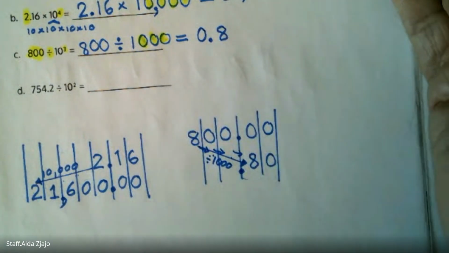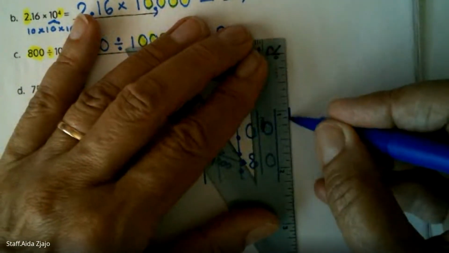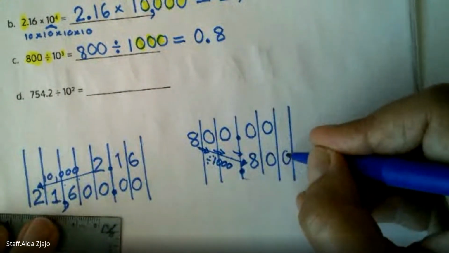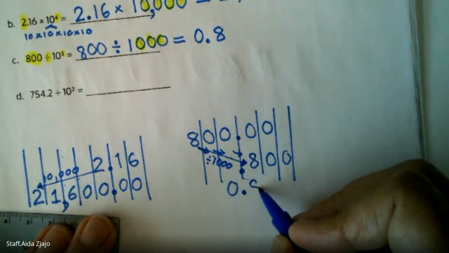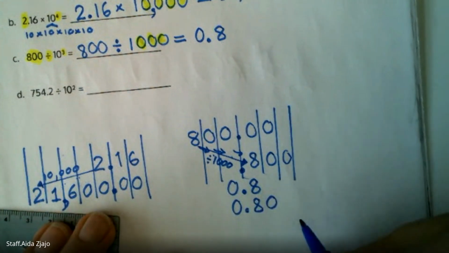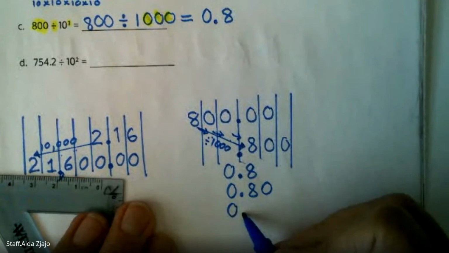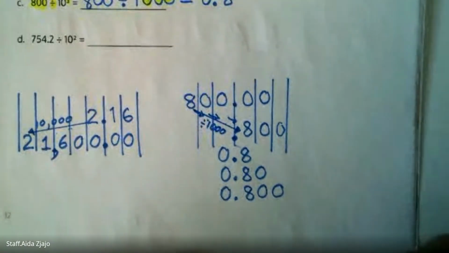You can add as many zeros as you want. You can even say that the answer is 0.80 or 0.800. So it doesn't matter.